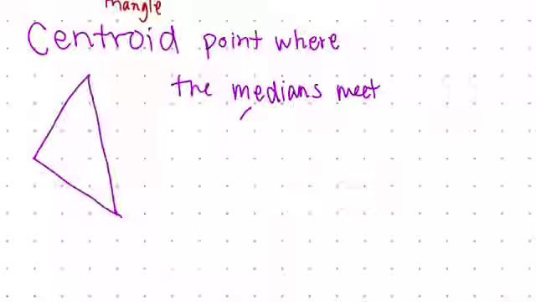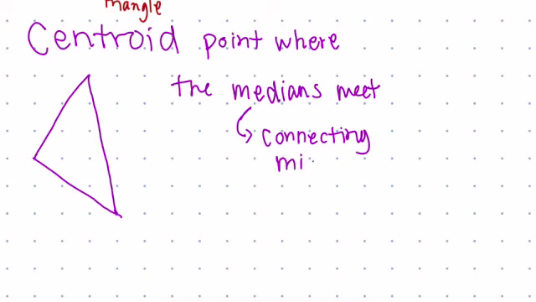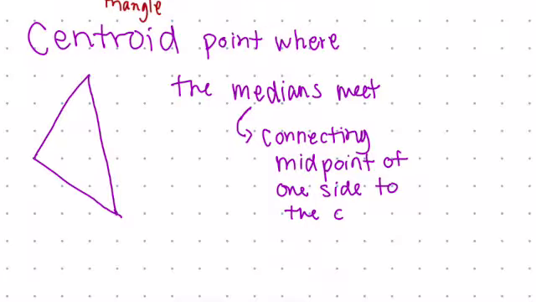And if you're a normal person, you'll be like, wait, what's a median? It is connecting the midpoint of one side to the opposite vertex. Do you guys remember midpoint?